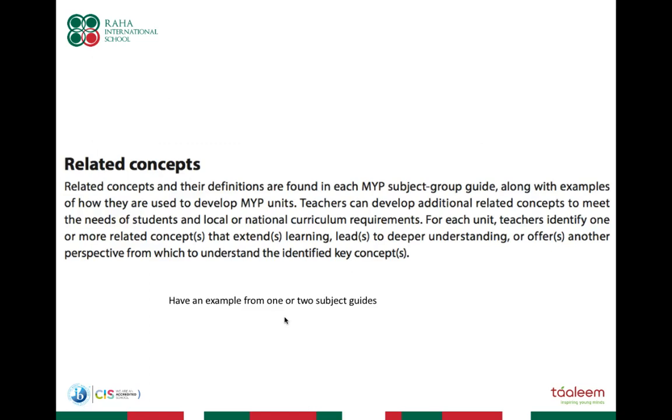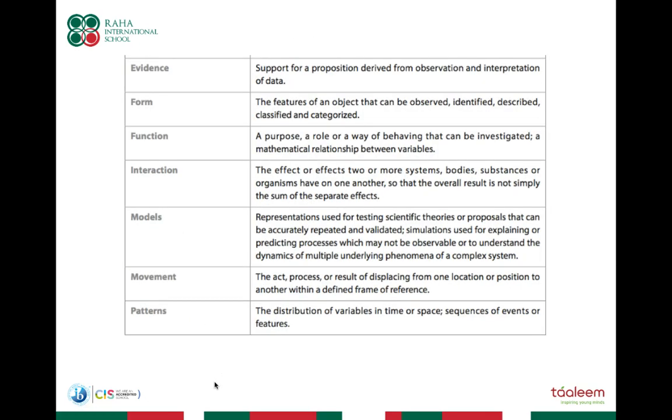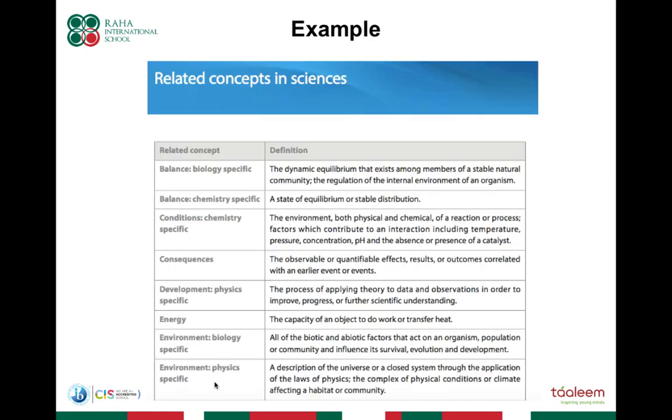Then we have related concepts, which are subject-specific, and I've just had a note for myself, which I didn't delete, so we'll look at that in a second. So, for example, in science, related concepts are supplied by the IB. Okay, so there's a whole bunch of related concepts, each with an explanation.